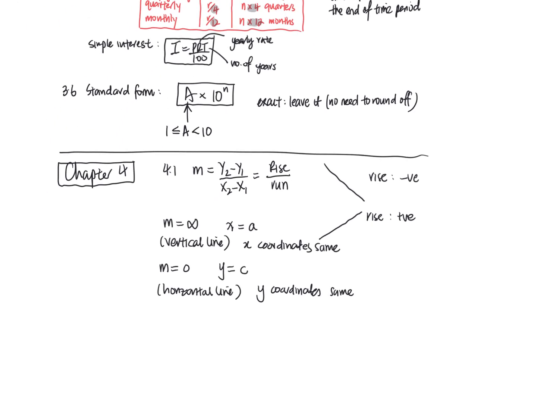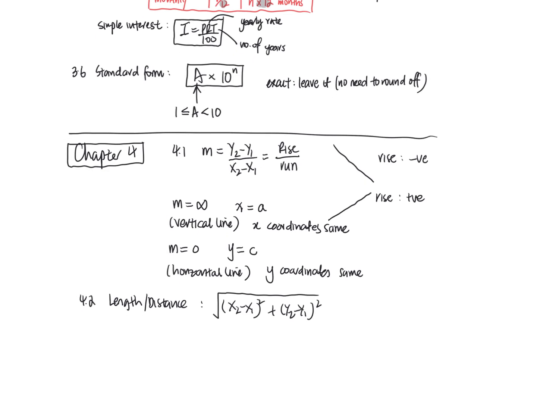Then of course, you will have other things like the length formula. Length or distance, you will use Pythagoras theorem. So x2 minus x1 squared plus y2 minus y1 squared. Okay, so length is just this, nothing else.